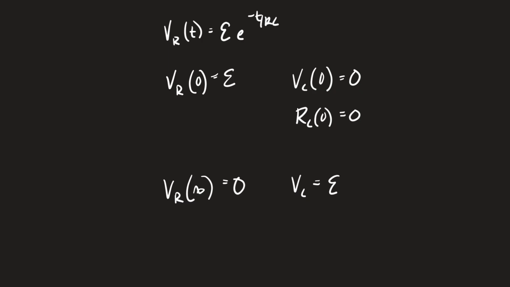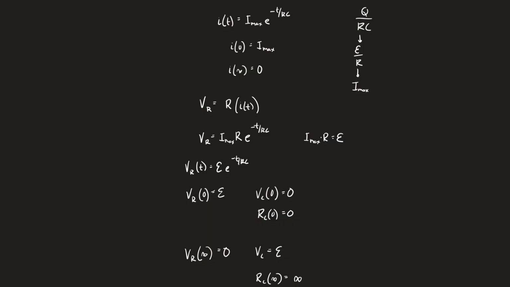And then as the capacitor charges, the voltage across the capacitor is increasing at the expense of the voltage across the resistor decreasing. Until you reach this steady state condition, where the voltage across the capacitor becomes the voltage of your power supply. That also suggests that the resistance of the capacitor at an infinite timeline is infinity. No charge is passing across the capacitor. Right? It's all in the circuit.